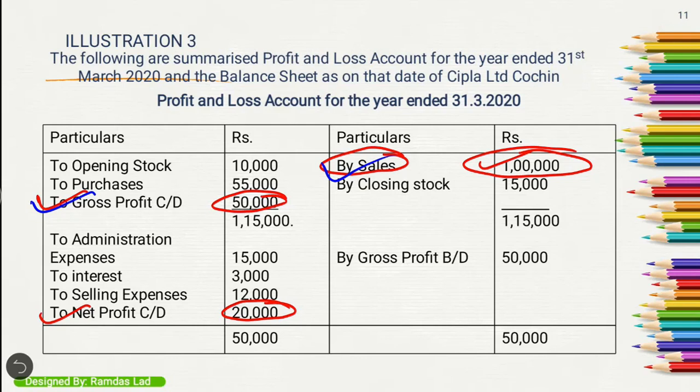Now operating expenses include administration expenses and selling expenses. We have to take the total of these two expenses. So it will be operating expenses, and the sales is given here as rupees 1 lakh. So we can calculate the operating ratio here.